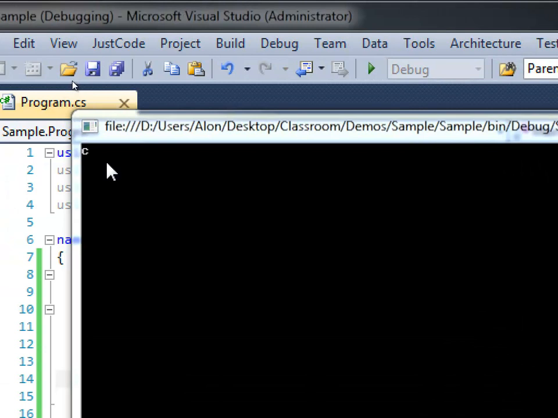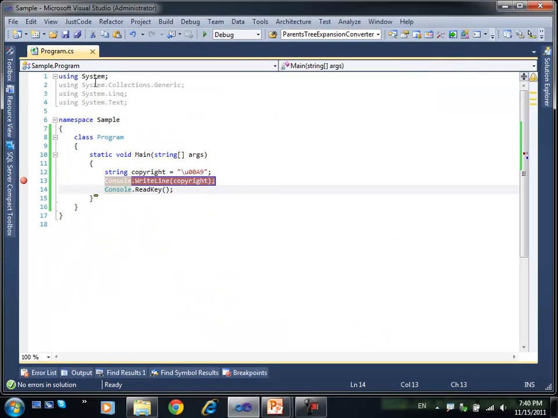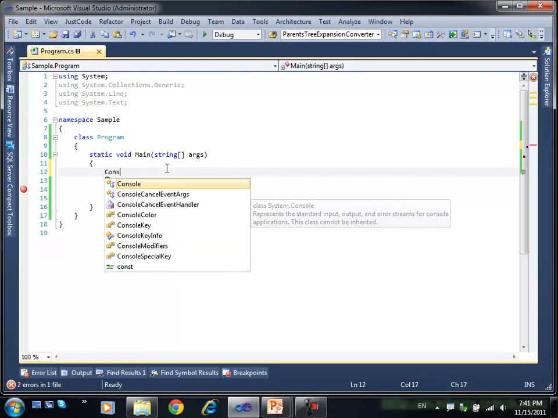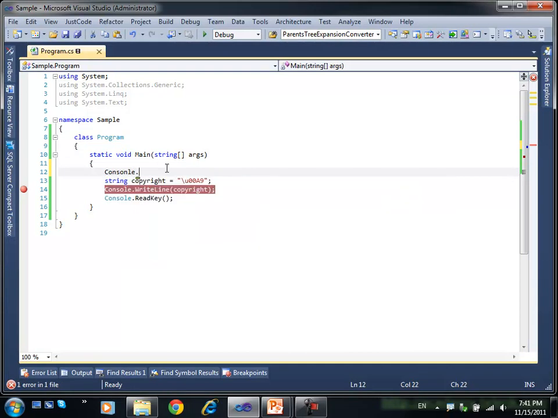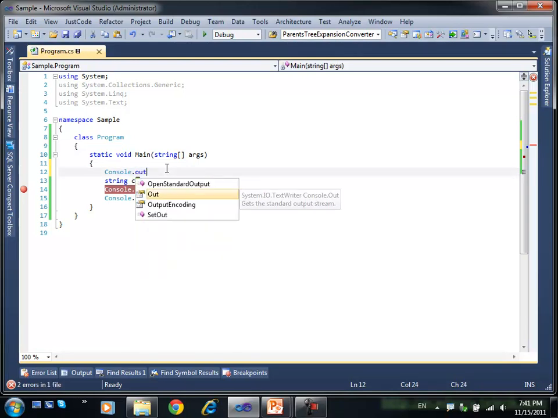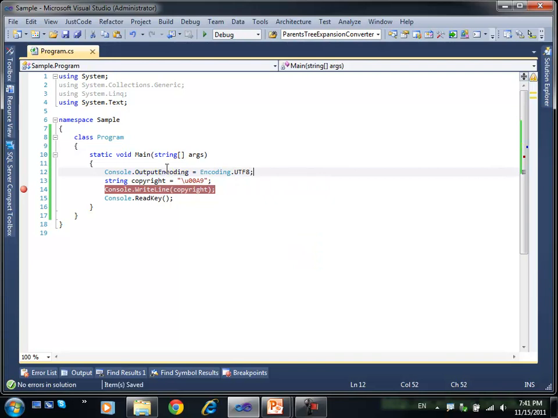It's not a bug. It's the encoding of the console, and also the font of the console. So one thing here which doesn't work correctly is that we're using Unicode characters in our console, and by default it doesn't support them. One way to make it work with Unicode support is to set the console output encoding, for example, to Unicode format.